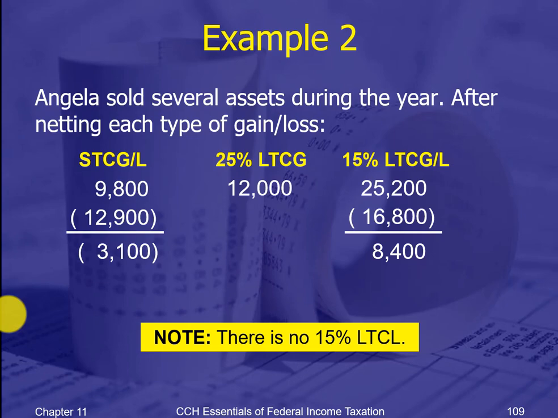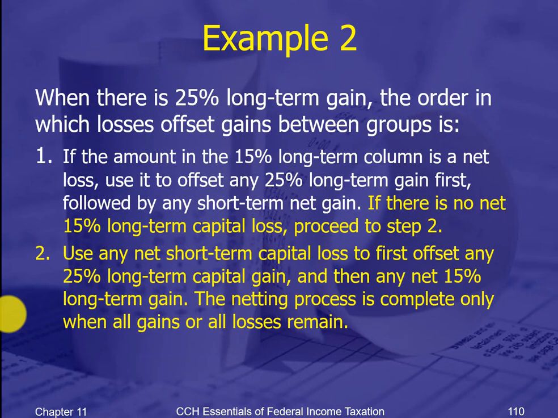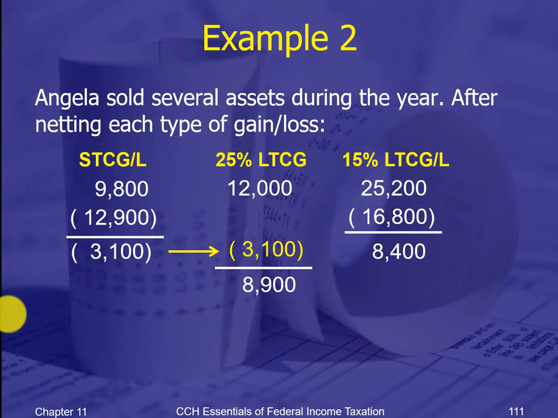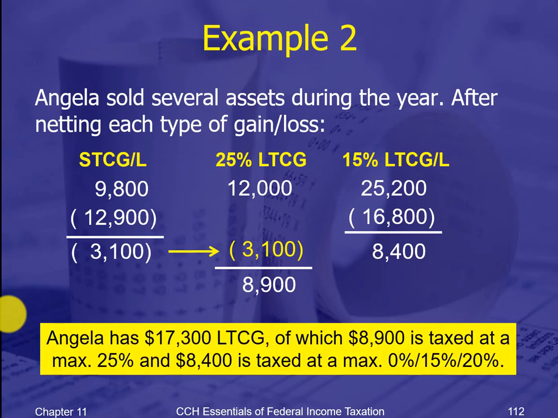So what do you do? You take the short term and apply it against the 25% first. All right, reduce that. So now you have a 25% long-term capital gain of $8,900 and a regular long-term capital gain of $8,400, taxed separately. Okay.